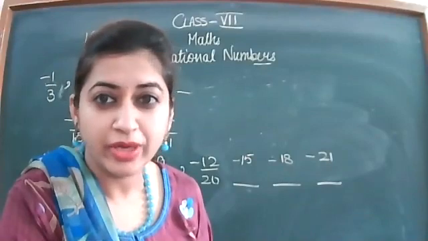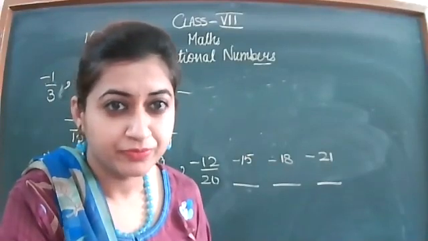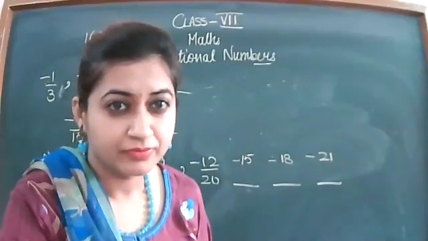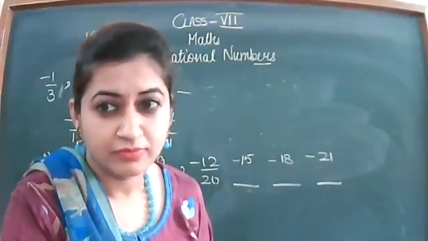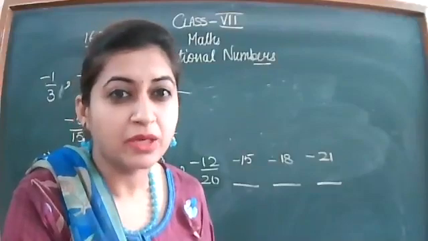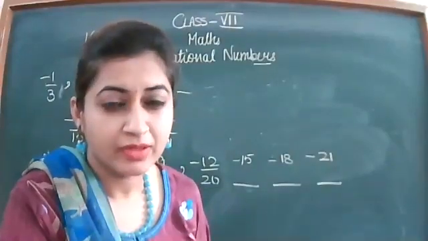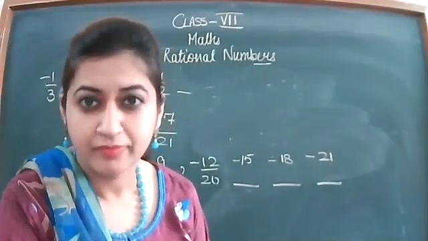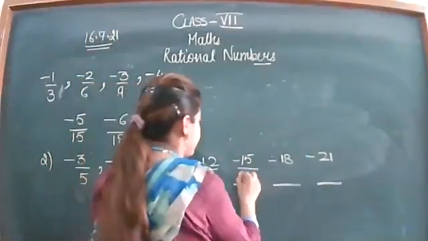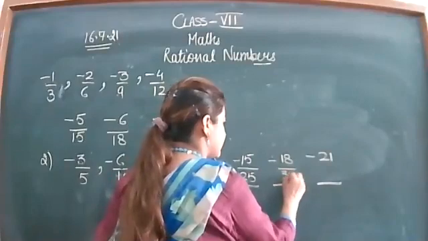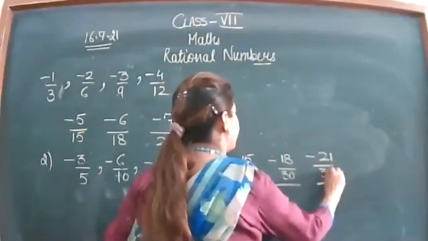Not able to see you. Wait a minute. Speak up, beta. Ma'am, 25, 30, 35. 25, 30, 35. Very good, Sanchit.